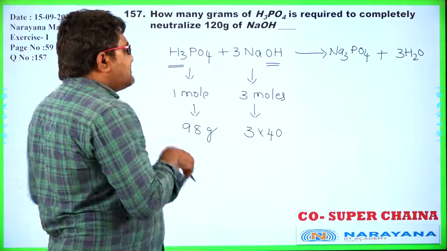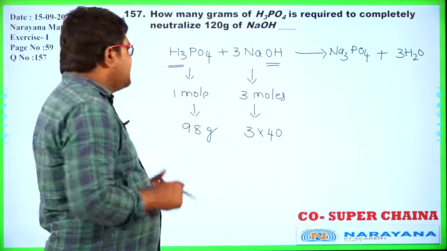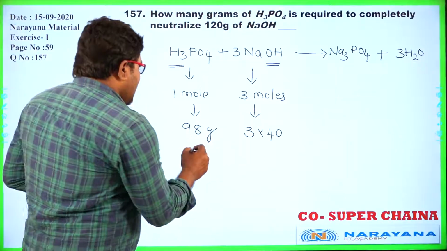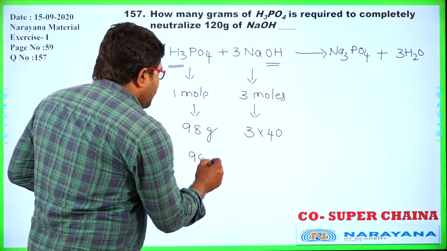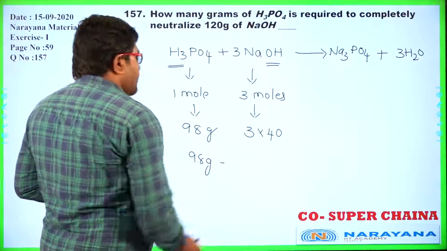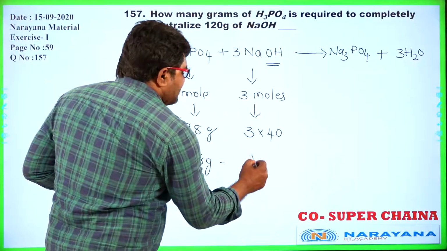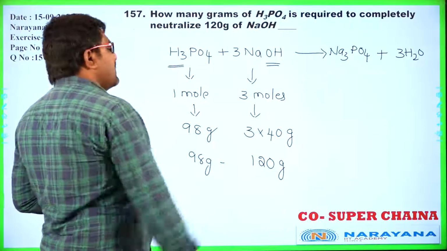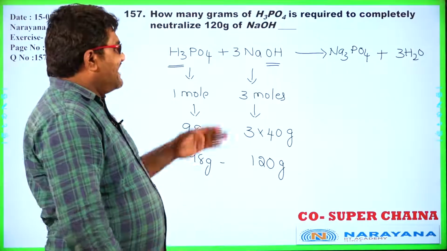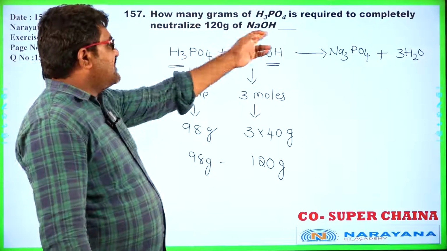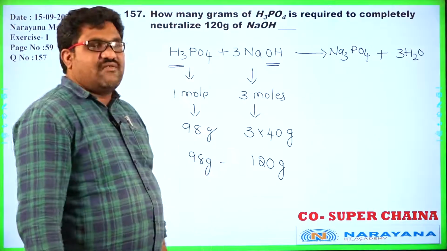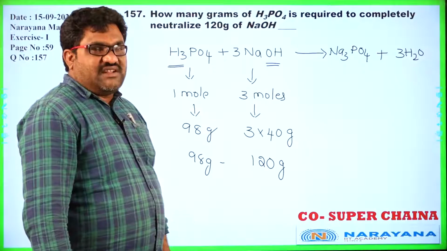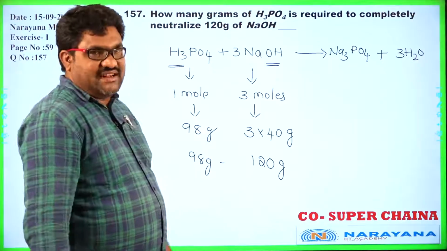So, in terms of weight of the reactants, 98 grams of H3PO4 is required for 120 grams of NaOH. In this question, for 120 grams, how much H3PO4 is required means, that is 98 grams.